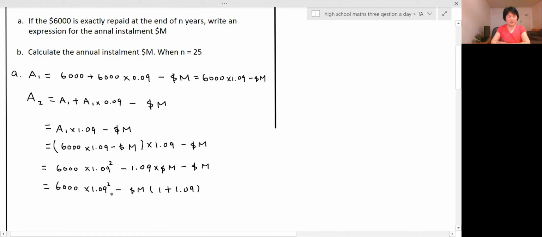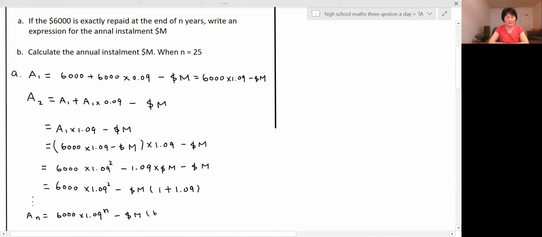A2 is this one. Then I can write the AN. So the AN at the end of the N years will be equal to, using this pattern, I can write this 6,000 times this 1.09. This is the 2, and this is the 2. This is the N, so I put this is the N. Okay, so minus this is the $M.